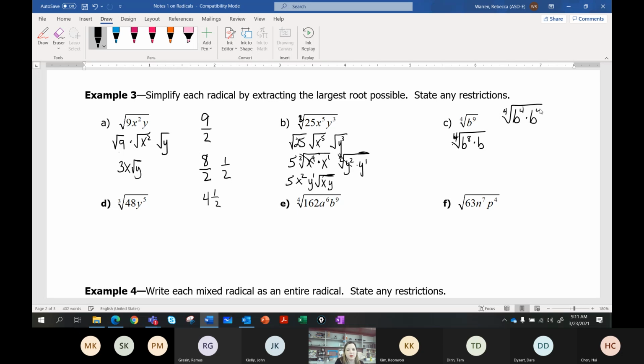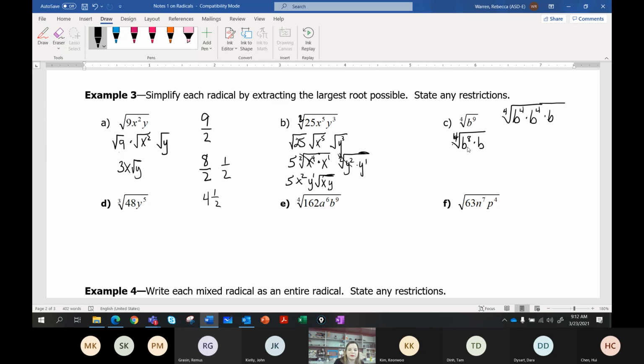Yep, I can. So b to the power of 4, now I'm at 8, and I have 1 left. So you can always break it down into however many of those index numbers you can make until you get to the exponent that's there. So this is 4, 4, that's 8, and then 1. In my opinion, that's a little longer and this is a little easier, but you can always do it that way if this is confusing.